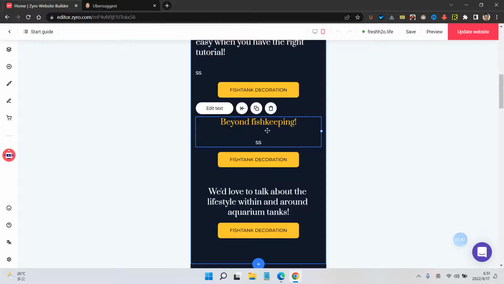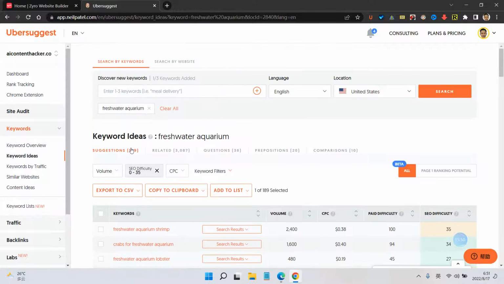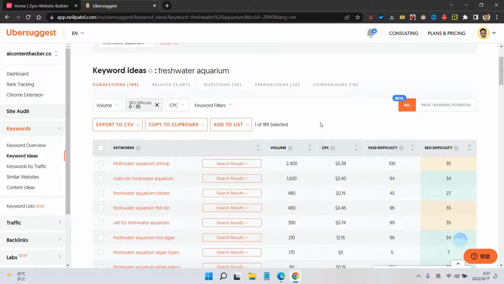So that's why I locate this as aquarium, freshwater aquarium, and it's not about freshwater fish keeping, because I want to do a bigger keyword. I mean, bigger is like your topic is talking about the whole thing, like crabs for freshwater aquarium. If I only mention the fish, then it will be a smaller niche, smaller topic. If you can understand, right?